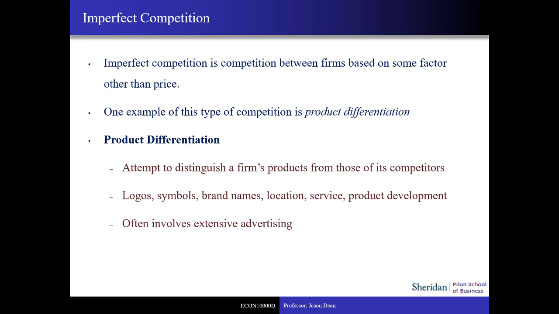Product differentiation, just to elaborate, is any attempt to distinguish a firm's product from those of its competitors. Now, this doesn't necessarily mean the product itself. You could have a business, say a dry cleaning business, and they could be otherwise similar, but one could have a different location than the other.